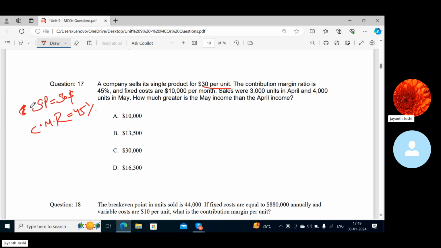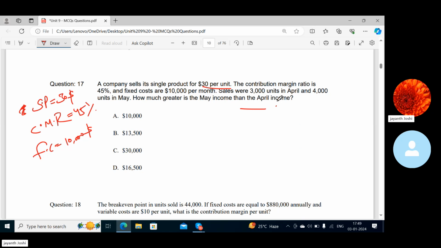Fixed cost $10,000. Sales were 3,000 units in April and 4,000 units in May. How much greater is the May income than April income?